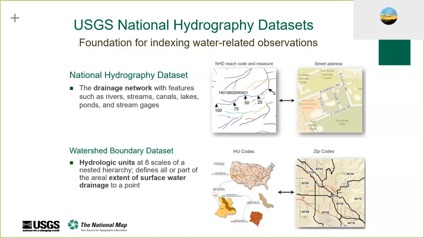Then we also have the Watershed Boundary Dataset, which provides more of a larger scale; they're really used as reporting units for the most part. It's a hierarchical structure of nested data sets, polygons, and you can think of those really like zip codes.